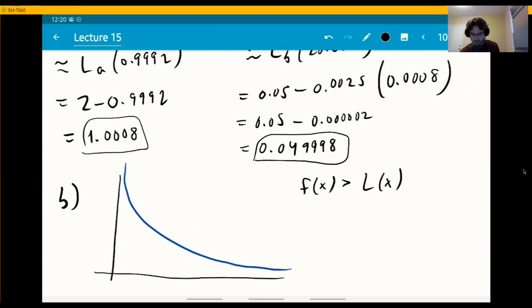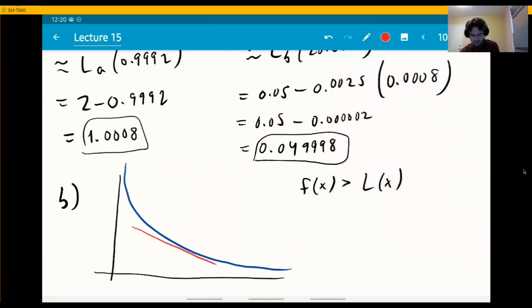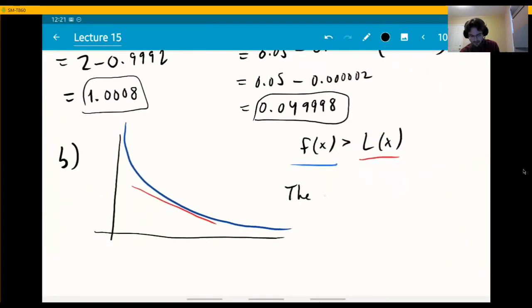Right, the approximation is the tangent line. Let me actually draw them so we remember. And the f is the blue line, the graph. So in this case, the approximations are smaller, or maybe let's write it to preserve the same order that I just wrote. The actual values are larger than the approximations.